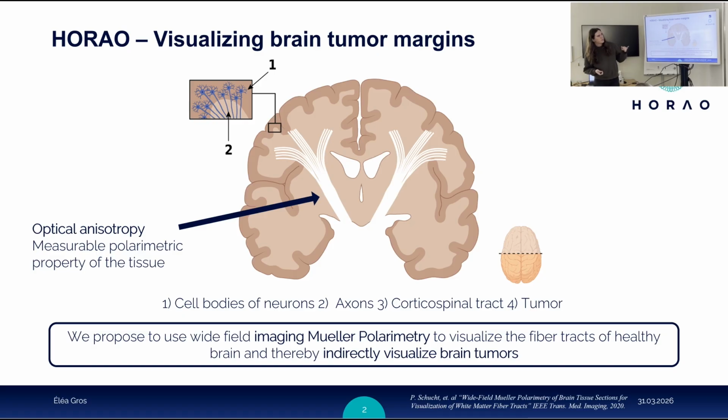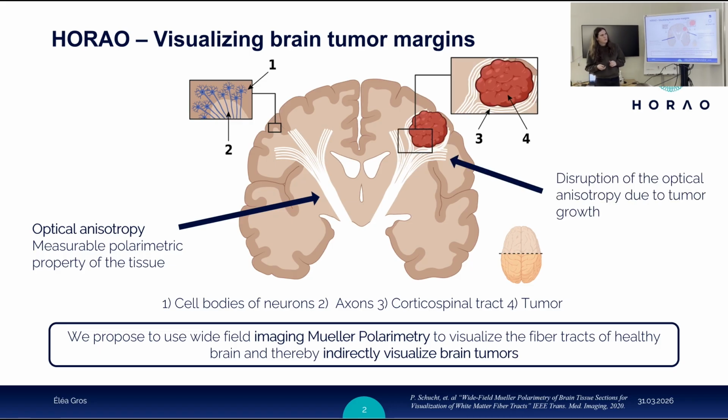We're using Mueller polarimetry because the brain fibers that you can see here in white create optical anisotropy, which is a measurable polarimetric property that we can see with our instrument. Why is it important? When a tumor is growing, it disrupts the organization of the brain fibers, and this also disrupts the optical anisotropy.